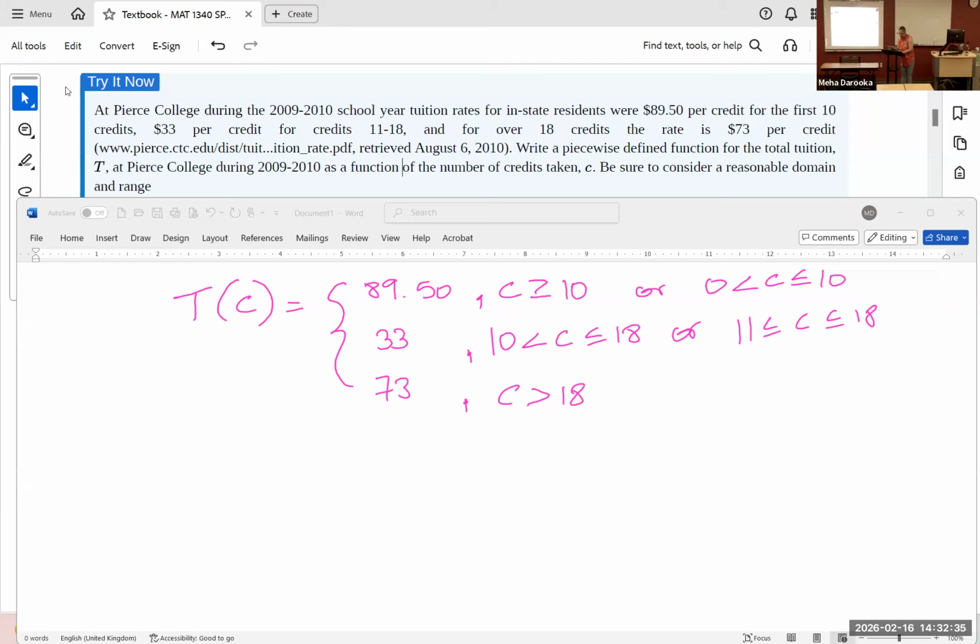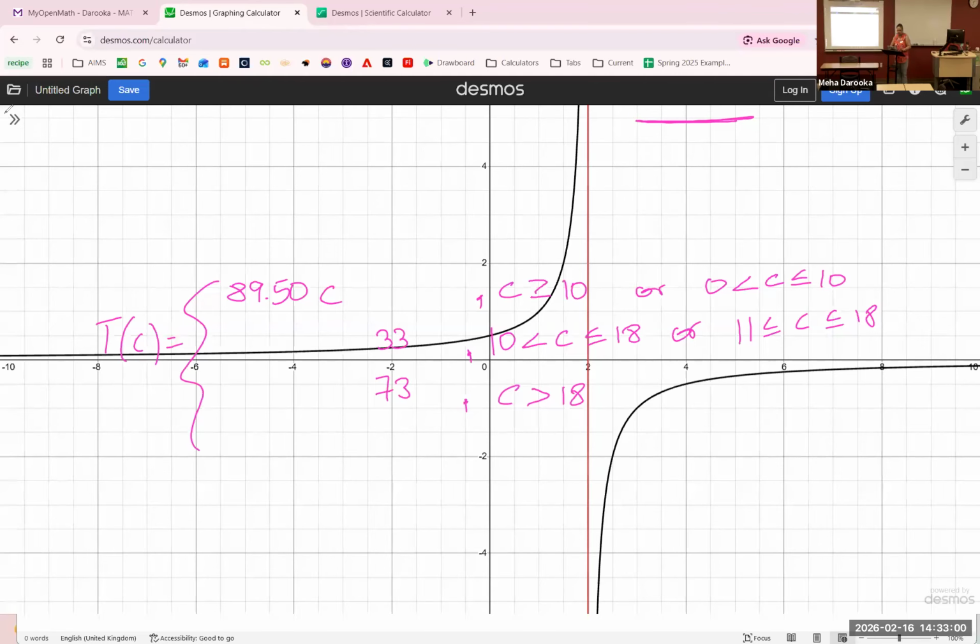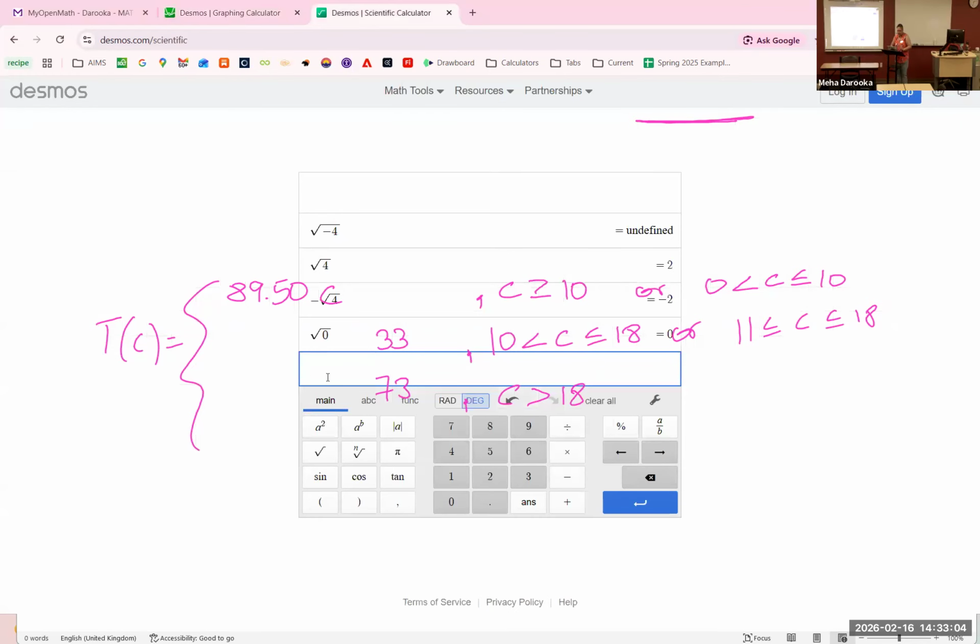All right, first part 8950 multiplied by C. So how much will it cost us for the first 10 credit hours? 8950 per credit. So what's our total cost? Because remember, this is tiered.